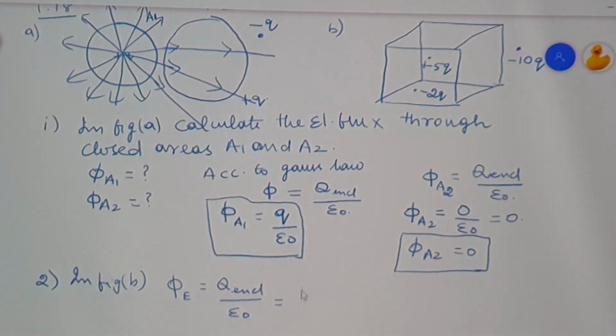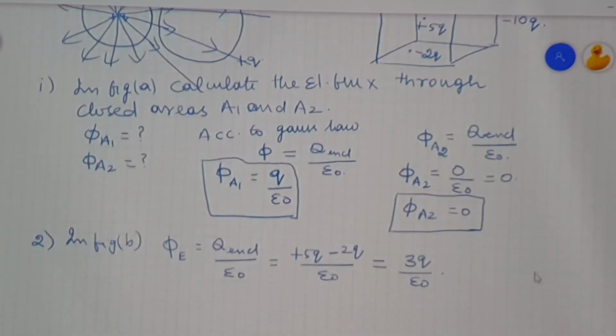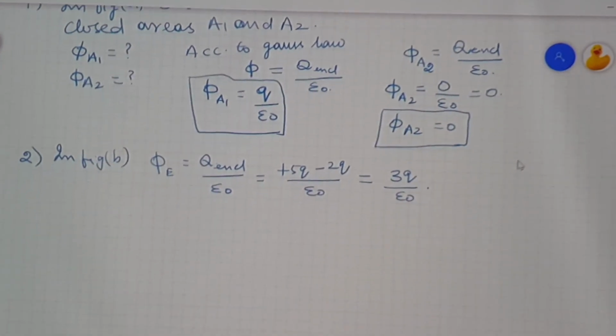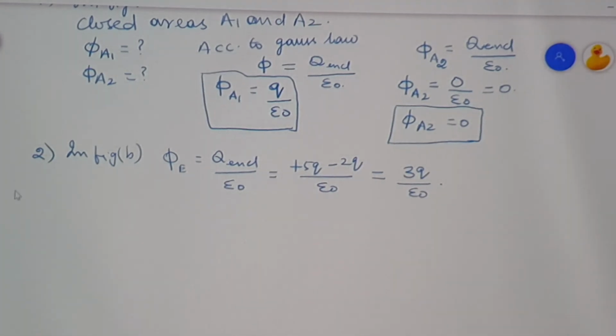Inside this you will be having plus 5Q minus 2Q divided by epsilon 0, which is equal to 3Q divided by epsilon 0. From the diagram it is very clear. So we can write the electrical flux phi of E inside that cubical vessel as 3Q divided by epsilon 0. Hope you should have understood.